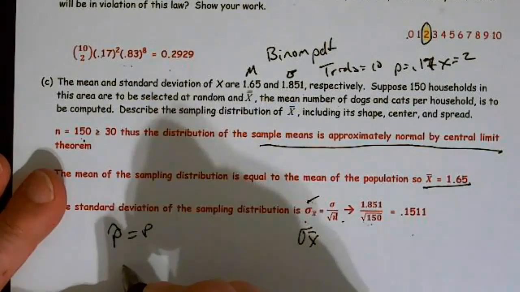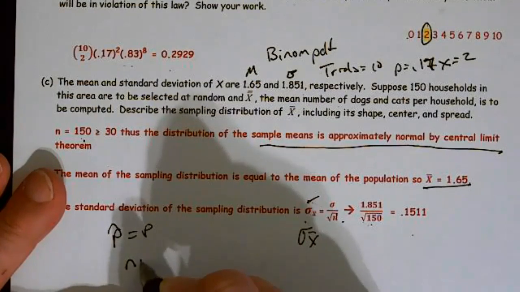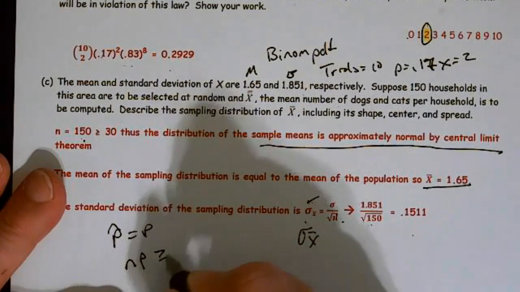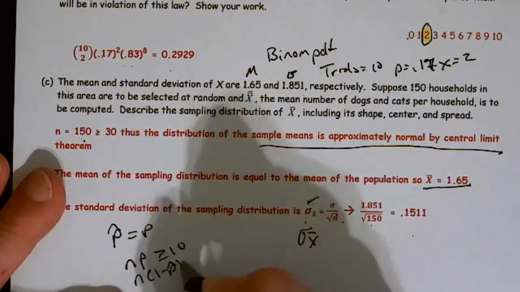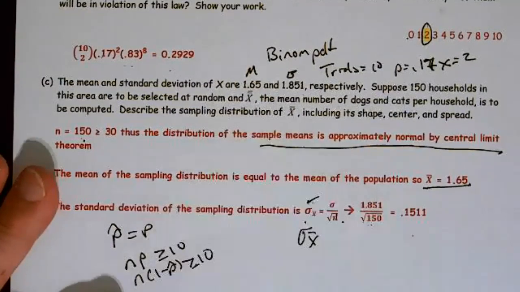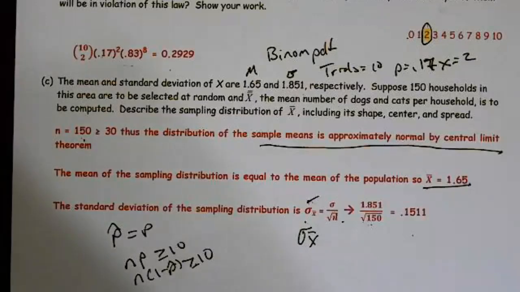But where we're going to run into a problem is the normality. np must be greater than or equal to 10, and n times 1 minus p has to be greater than or equal to 10 if we're working with proportions. So that's our normality condition that we have to worry about there.